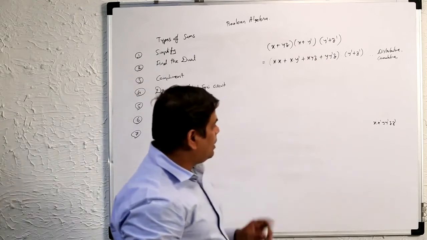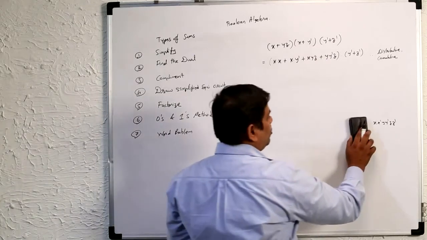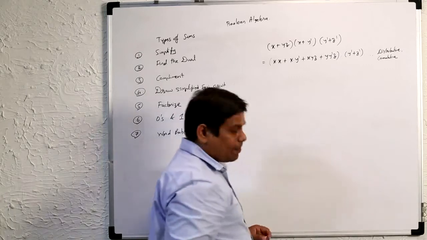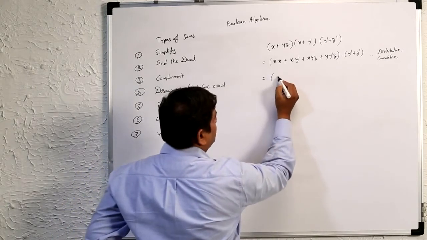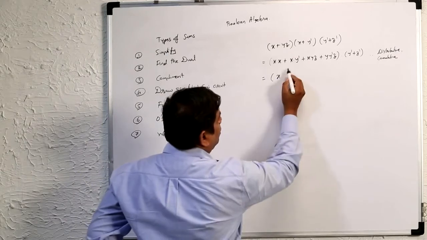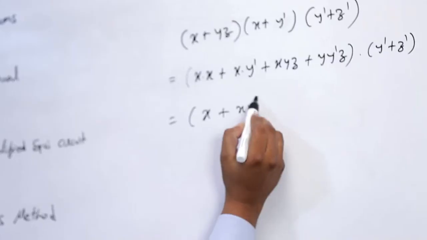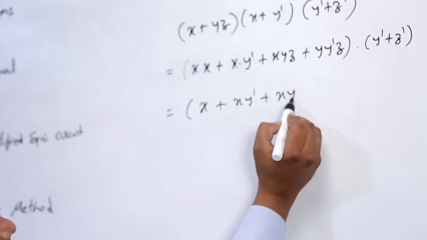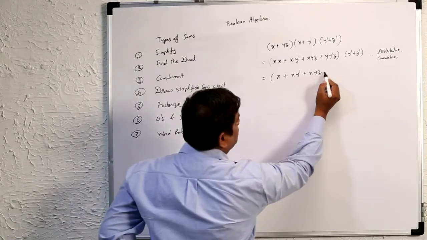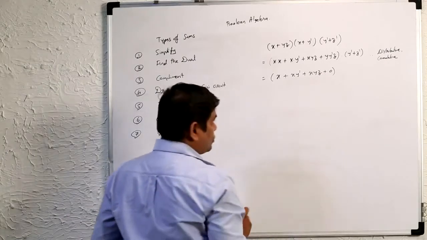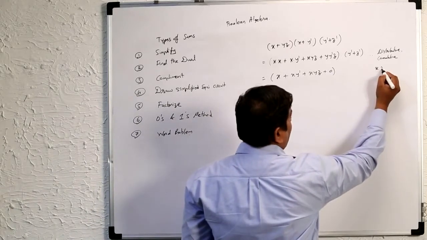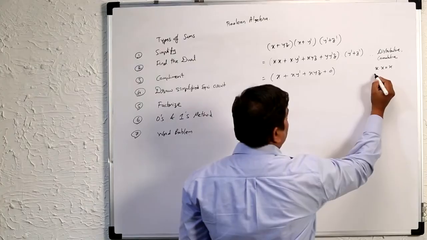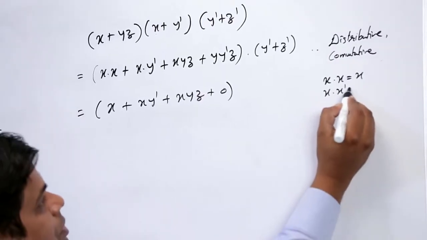What I mean is that we are always going to use commutative property. Now let us see, what is x dot x? X itself. This is x y dash, this is x y z, and this is 0. So we have used two properties here. We have used x dot x is going to be x, and x dot x dash is going to be 0.